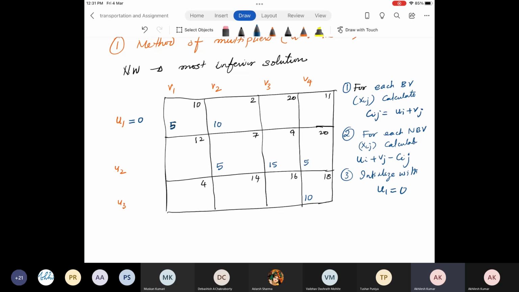If U1 equals 0, what would V1 become based on the basic variable? Just keep in mind, these are your basic variables, the ones which have the assignment. The ones which are blank are your non-basic variables.